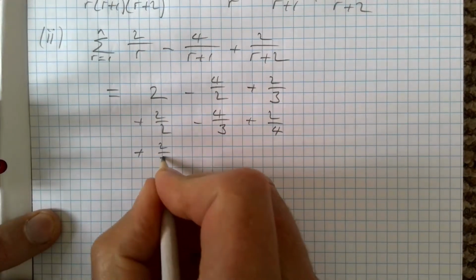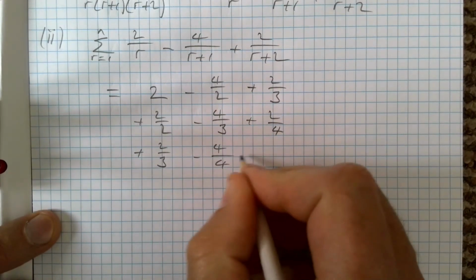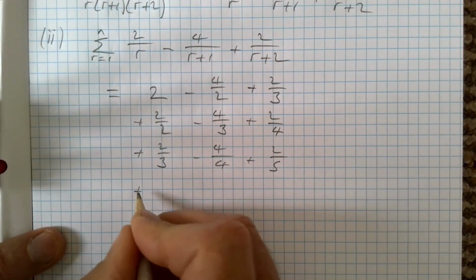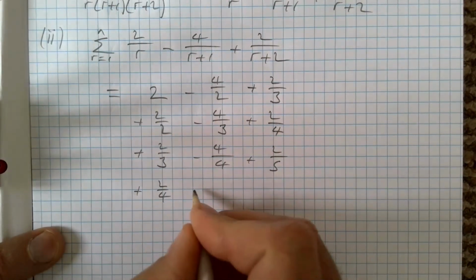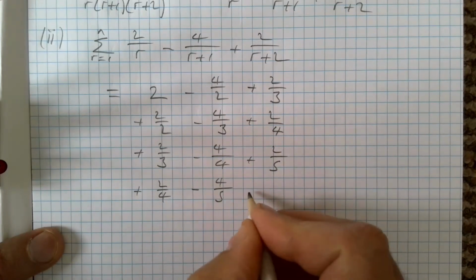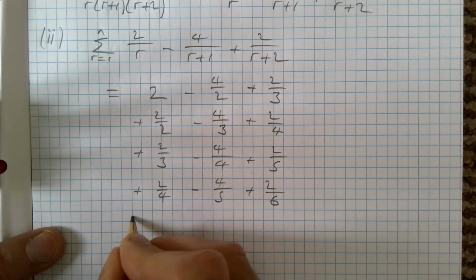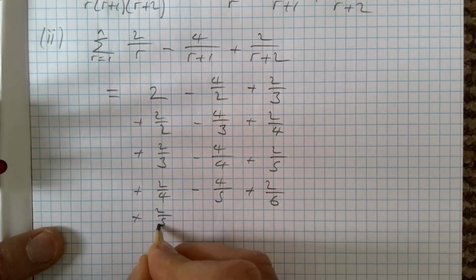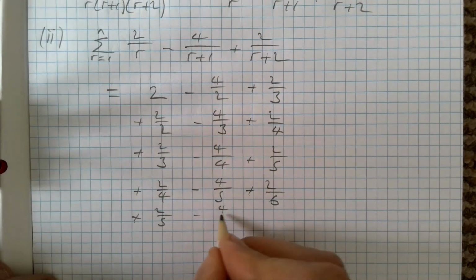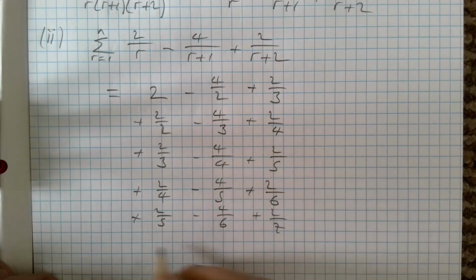Plus 2 over 3 minus 4 over 4 plus 2 over 5. And you'll start to see the pattern appear fairly soon, I hope. 2 over 4 minus 4 over 5 plus 2 over 6. Do another one. Plus 2 over 5 minus 4 over 6 plus 2 over 7. I'm sure we can find a wee pattern in there.